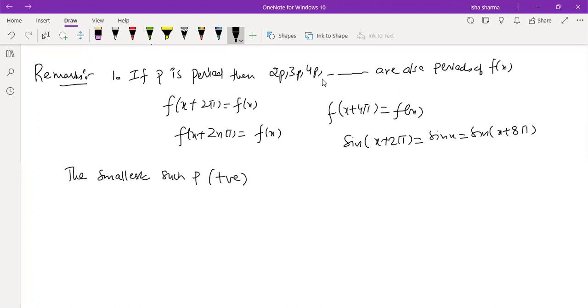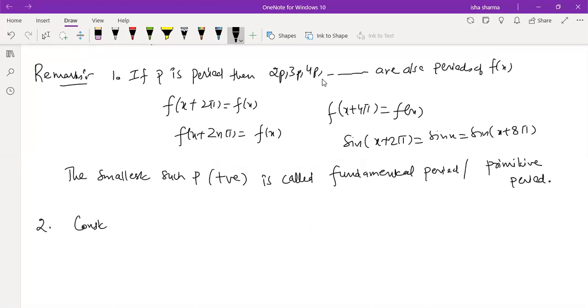Because negative can also be possible. Even sine means you can go towards the other orientation. So the smallest such positive p is actually called the fundamental period, or also known as primitive period, right?